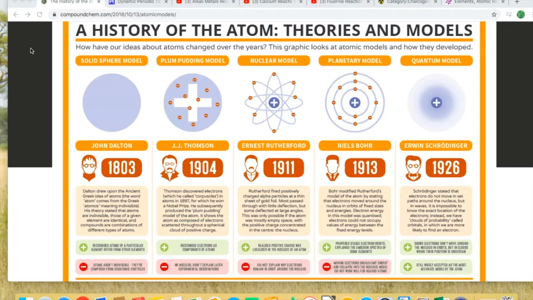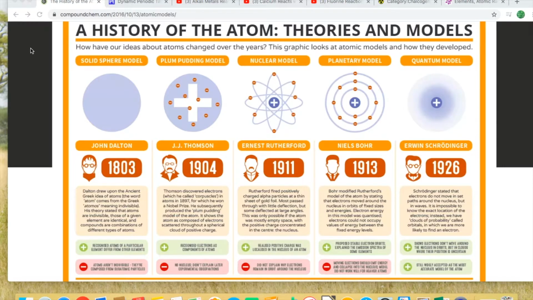We start with John Dalton in the early 1800s. He had this idea that, yes, all matter is made of atoms, but he didn't know about subatomic particles. He just figured that different atoms correspond to different chemical elements, that the different sizes of those spheres corresponded to the different elements, and that they could be joined in different ratios and in different ways to make different compounds.